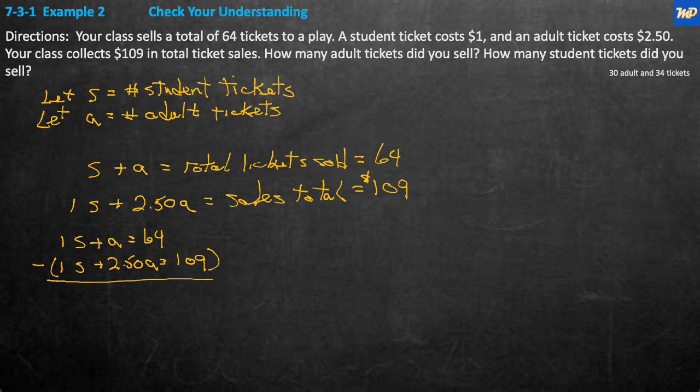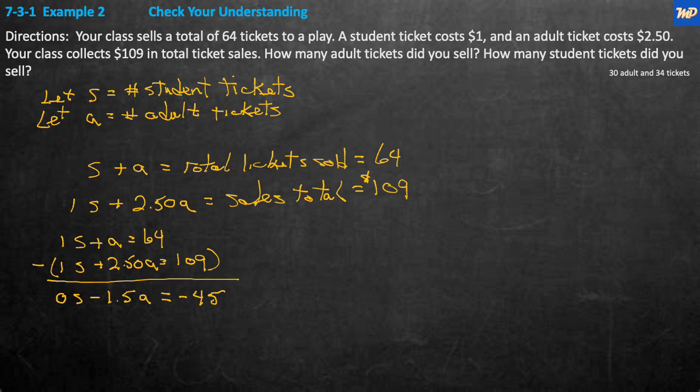When we do it, I'm going to get 0s, and this is 1A minus 2.5A, and that equals negative 1.5A. Then that equals 64 minus 109, which is negative 45.